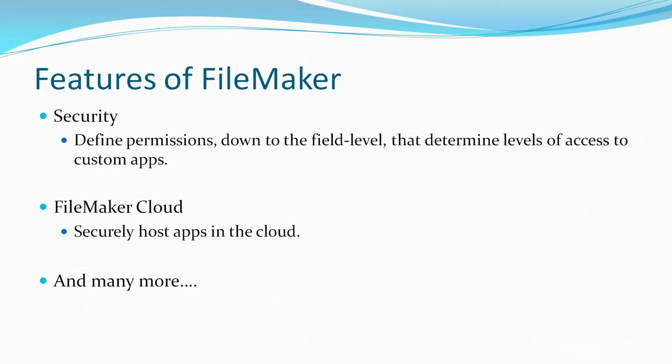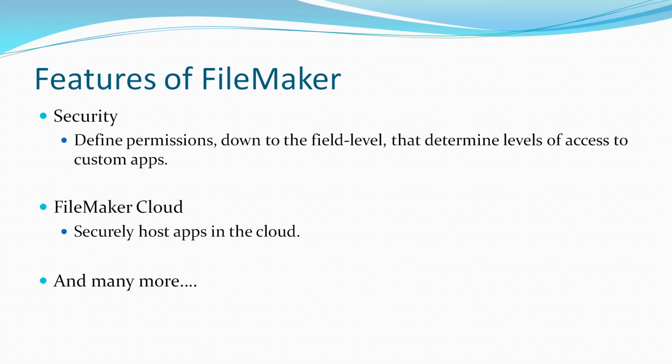Now, the security. In every platform, we look for the security of your data, how you manage your data, or how you create users and which users have which level of security. The security of FileMaker is down to field level.